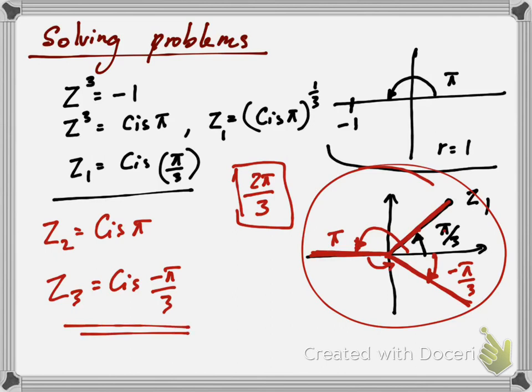So normally the question would be find the roots of the complex number, and you've got 3 roots, z1, z2, z3, because it's raised to the power 3. There are other ways of doing this, but this is the shortest and simplest way to solve it using de Moivre's theorem.